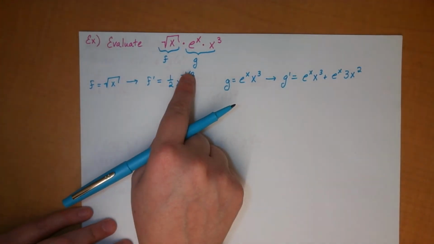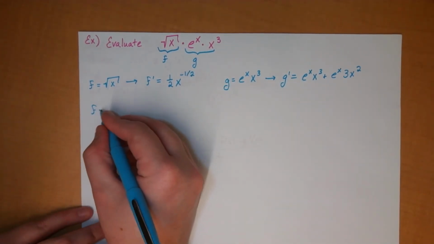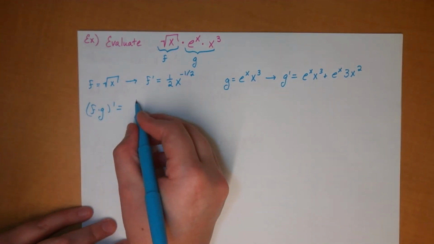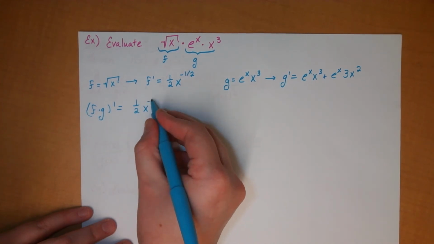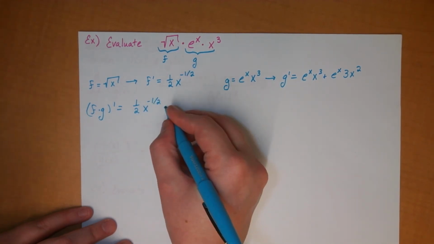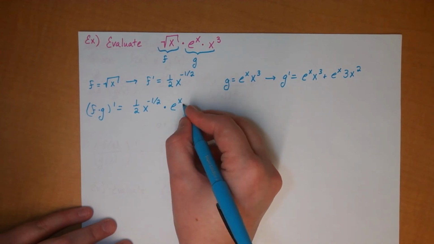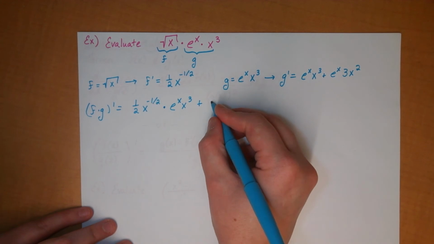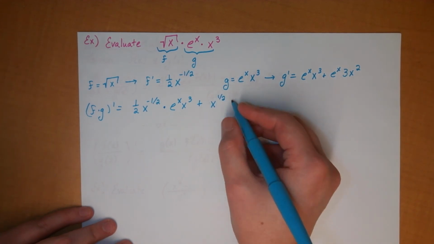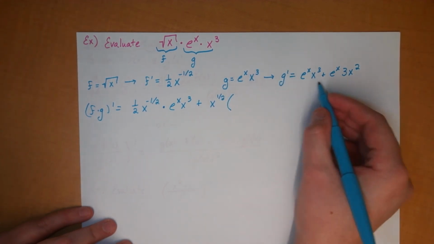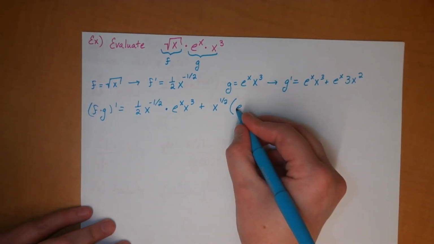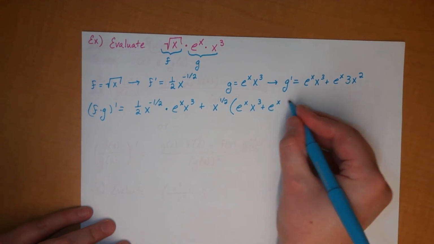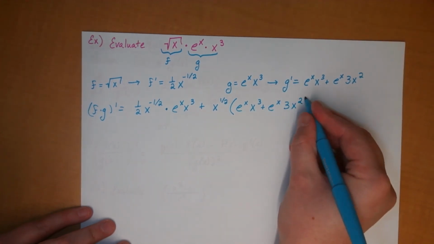So if I want to find the derivative of this, which is f times g, it's going to be the derivative of f times g left alone, plus f left alone, which I'll write as x to the 1/2, times the derivative of g, which is going to be this whole thing. So that'll be e to the x, x to the third, plus e to the x, 3x squared.